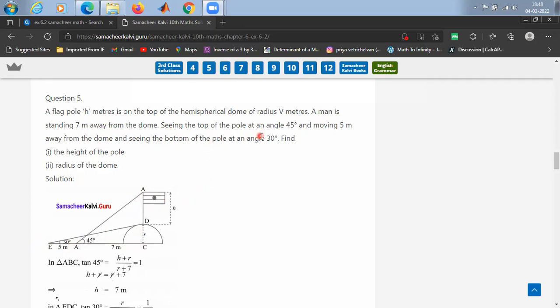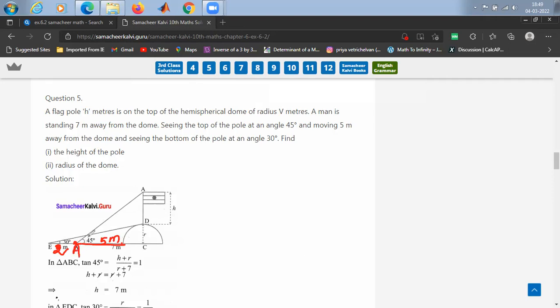Seeing the top of the pole at an angle 45 degree, and moving 5 meters away from the dome. I think it should be 2 here. This would be 5. So from the dome, he has moved 5 meters and he is here now.